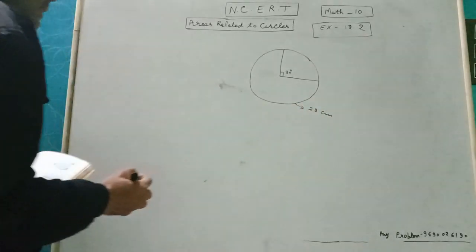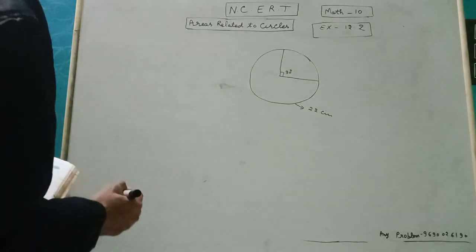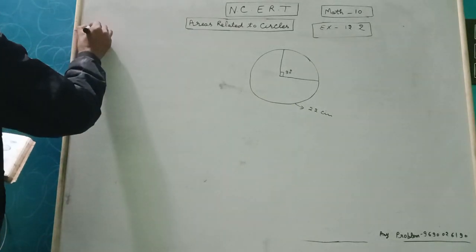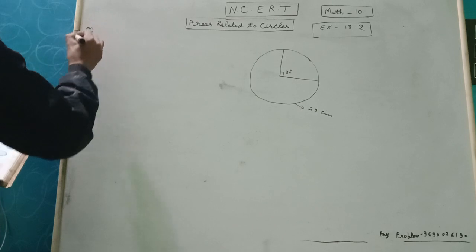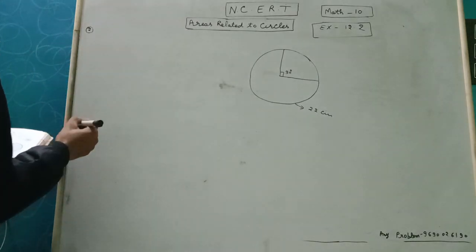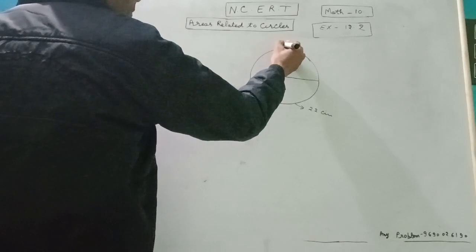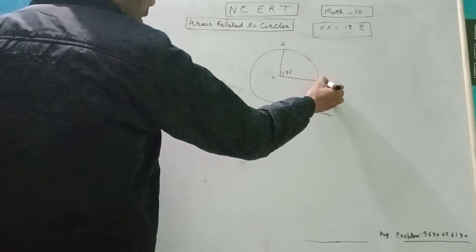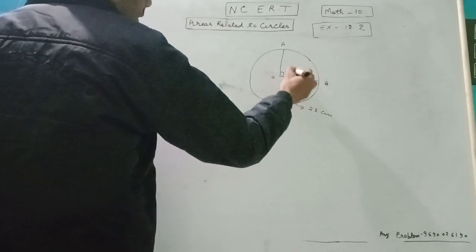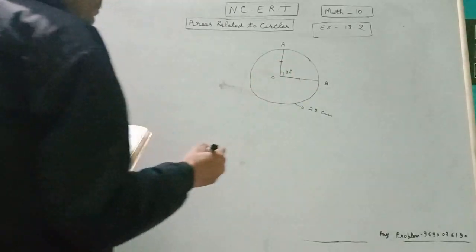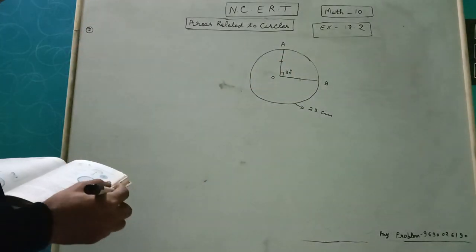This circumference is of the complete circle. OA and OB are radii of the circle.